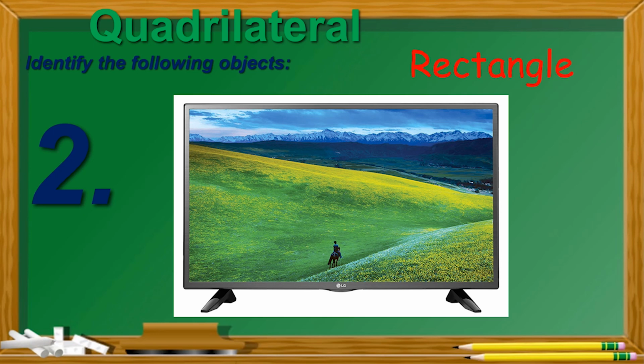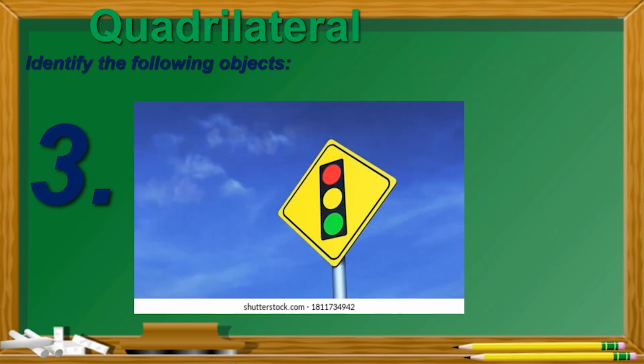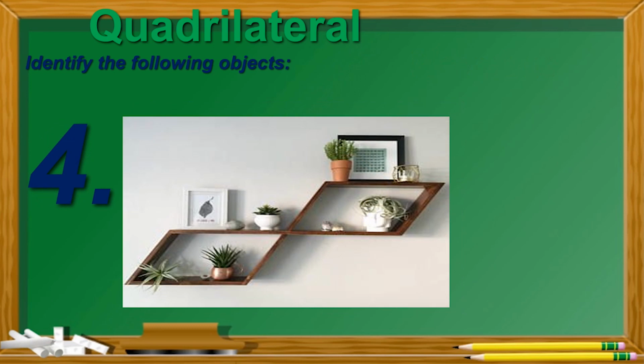Next, we have a traffic sign. You can see this one on the road, on the streets. What shape is that? Rhombus. Okay, that is a rhombus. Next, this one.